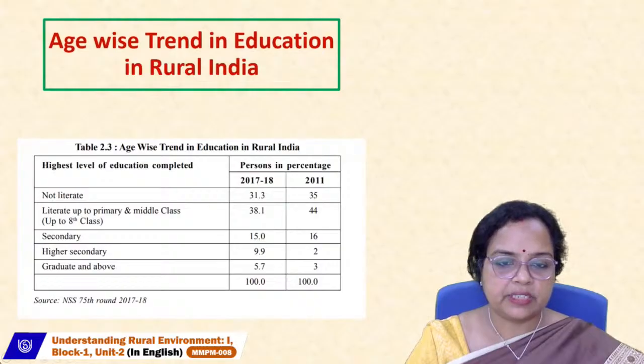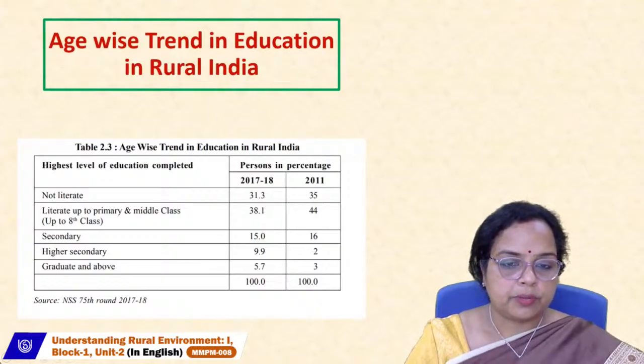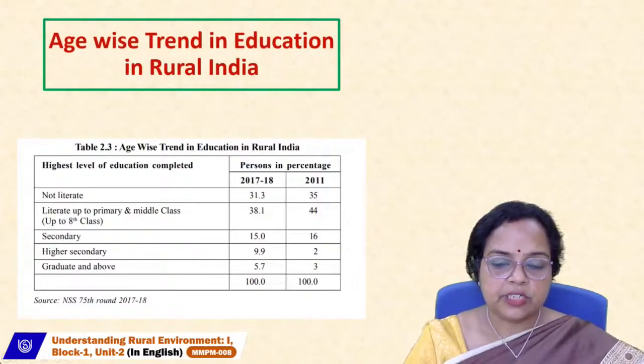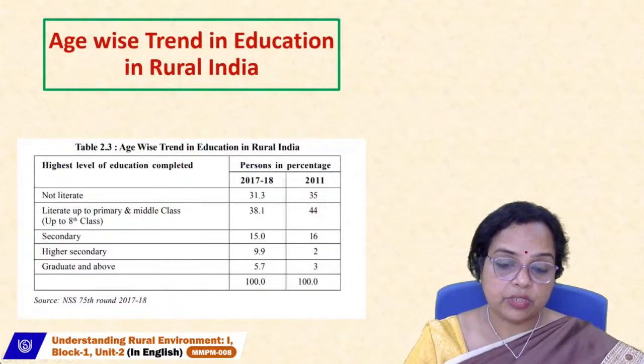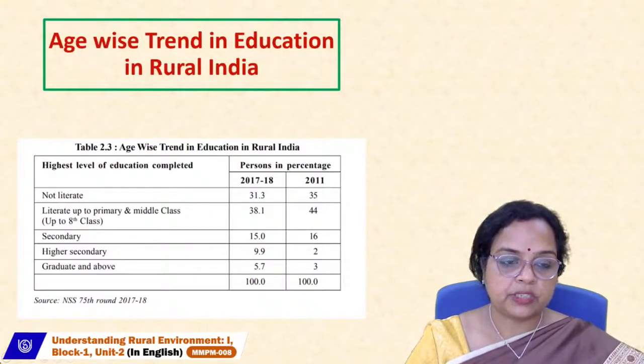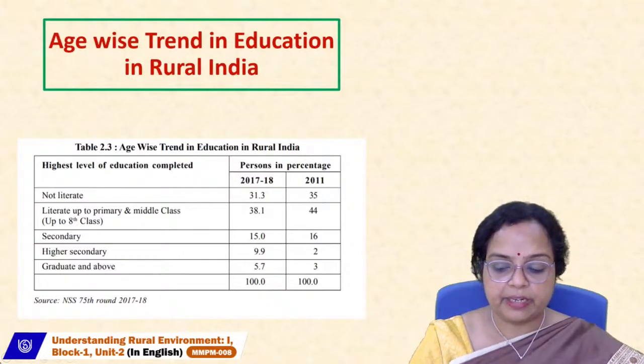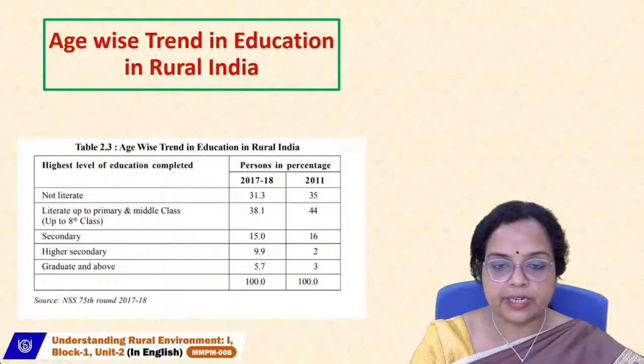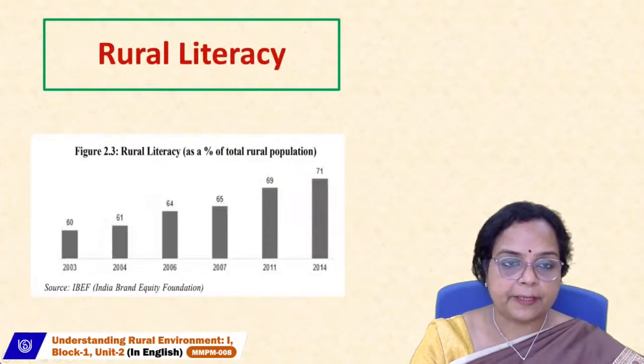In 2017-18, graduates and above are only at 5.7%. In 2011, it was less than that, only at 3%. Literacy up to primary and middle class was 38% in 2017, but in 2011 it was 44%. So it is giving us clarity on what the age-wise trend in education in rural India looks like.